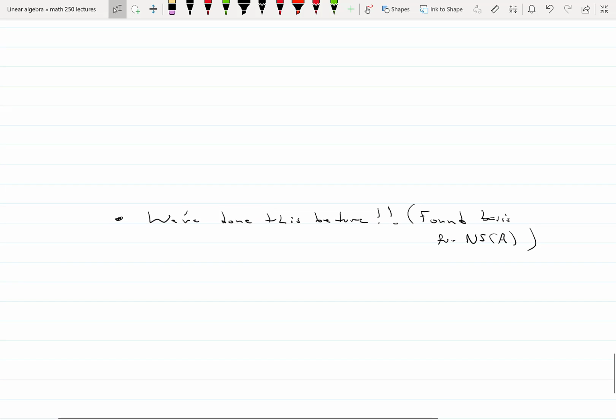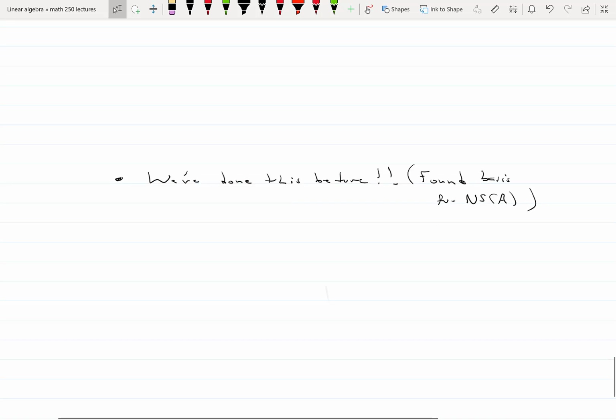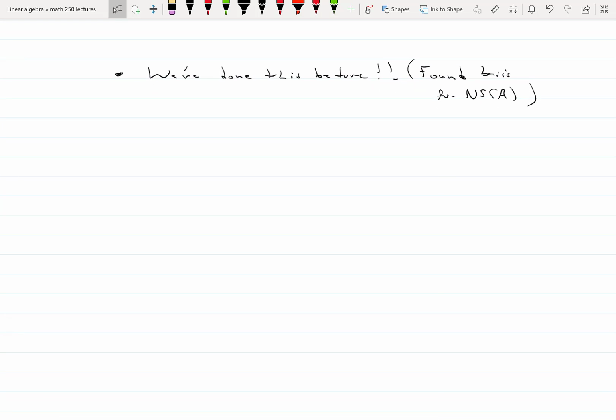Last note before we dig in: we've done this before. We found the basis for a null space. So we're not doing anything new mechanically. We just have a new concept that we're applying our old mechanics from section 2 to.